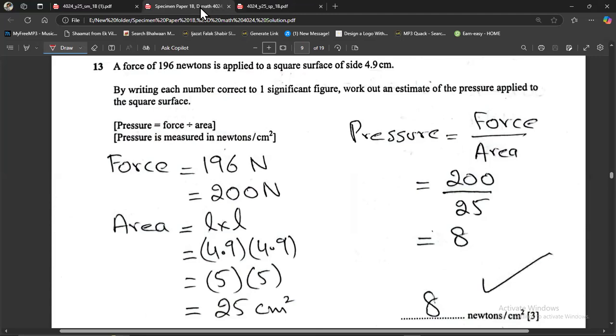The area will be length multiplied by length, 4.9 multiplied by 4.9. Writing them to one significant figure, it becomes 5 multiplied by 5. That's 25. So the pressure is equal to force divided by area, so that will be 200 divided by 25, and that is 8. So the pressure is 8 Newton per centimeter square.